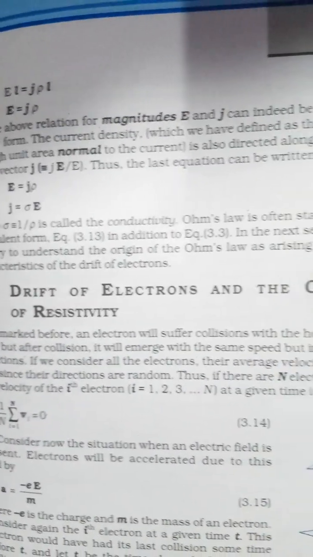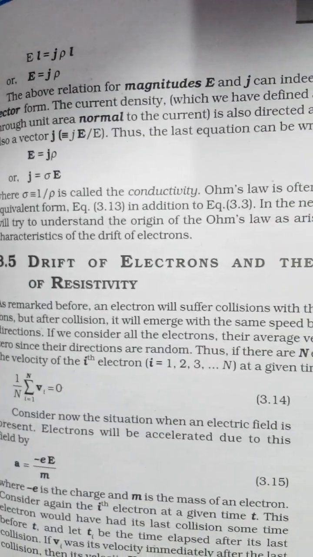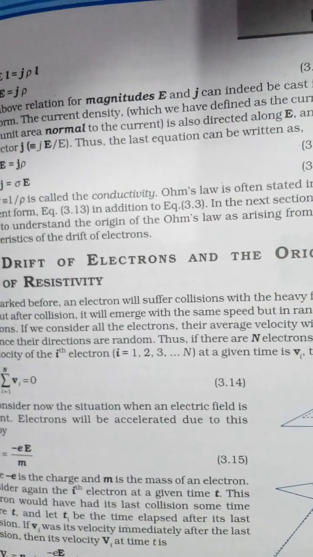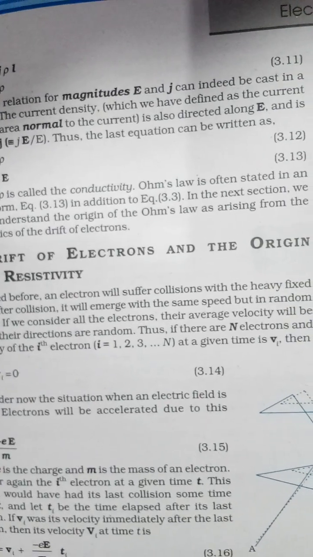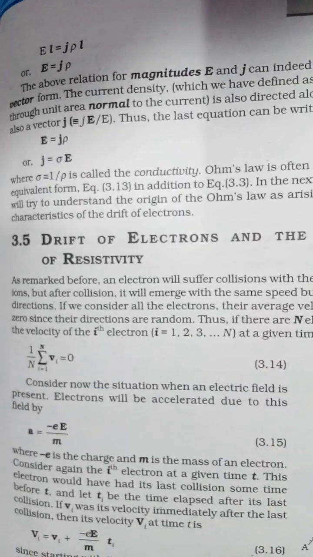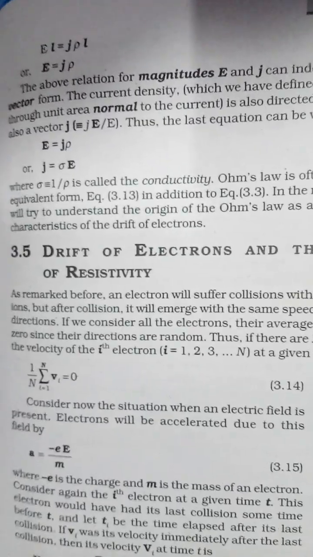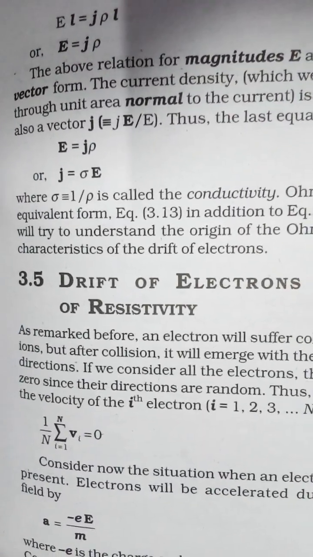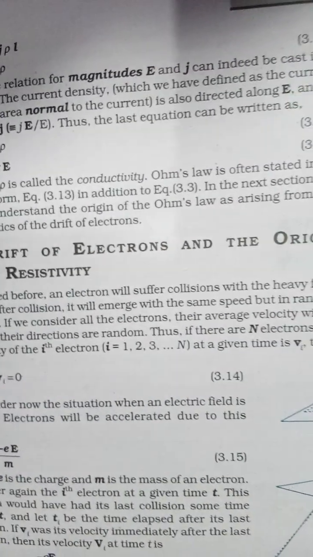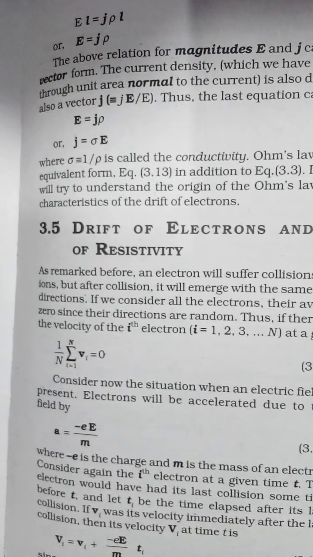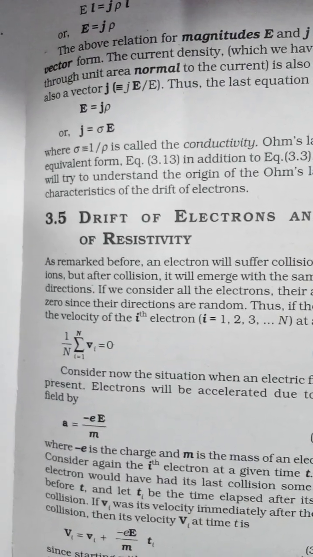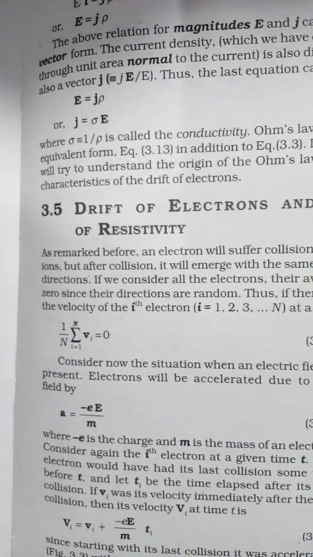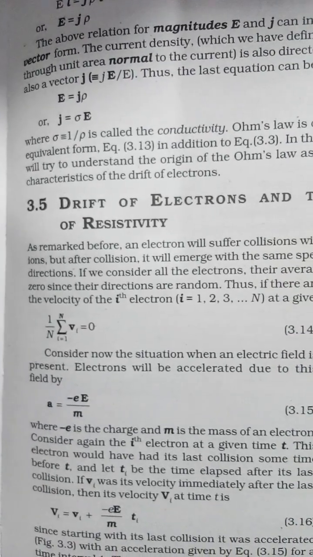The current density, which I have defined as the current through unit area normal to the current, is also directed along E and is also a vector. The last equation can be written as E equal to ρJ, and J is equal to σE, where σ is called the conductivity. You will see the symbol here.